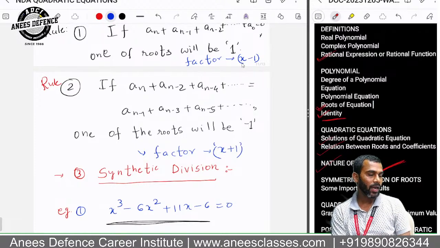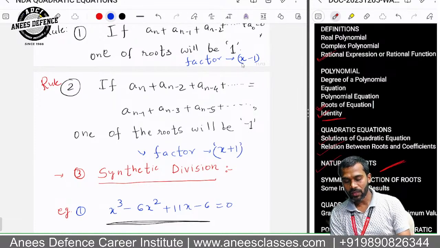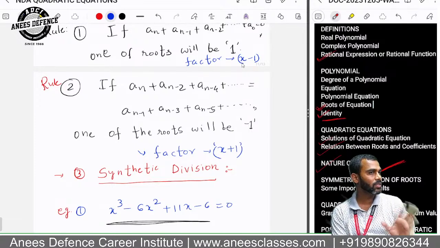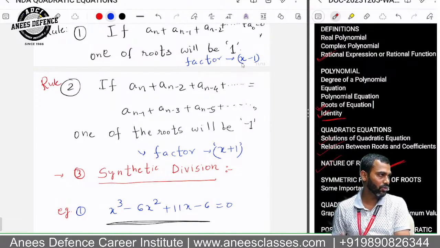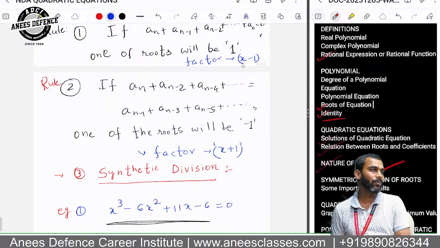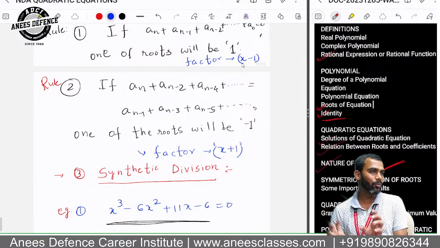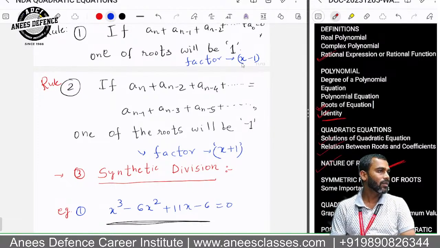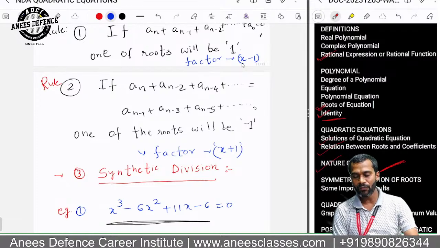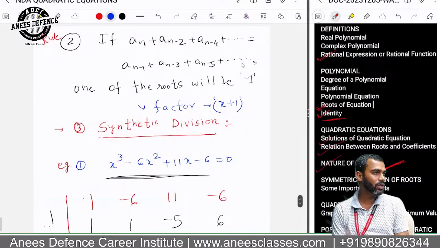This particular method does both purposes in one go. Simultaneously, you come to know whether the given number is a root or not, and if it is, you also come to know the next expression whose roots we need to find in order to get the other roots.